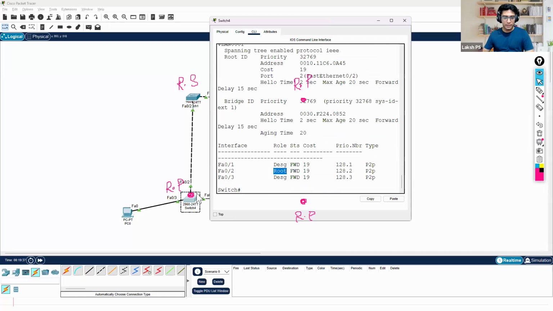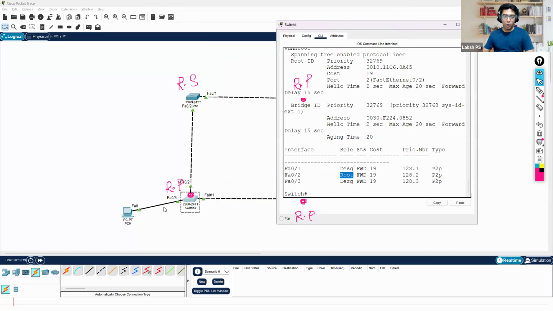This interface is a root port, and all the other interfaces, 0/1, are designated ports. 0/3, which is connected to the PC, is also designated because all the other ports are designated. It does not matter where it is connected; except the root port, all the other ports are designated ports.